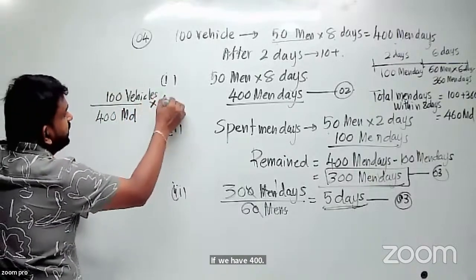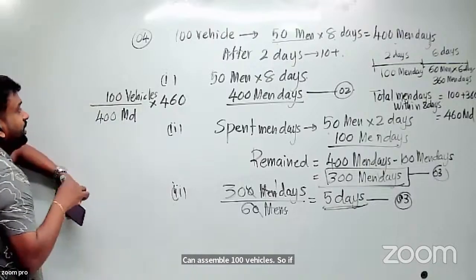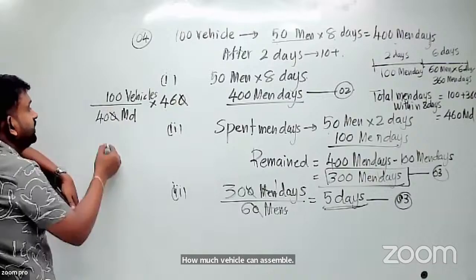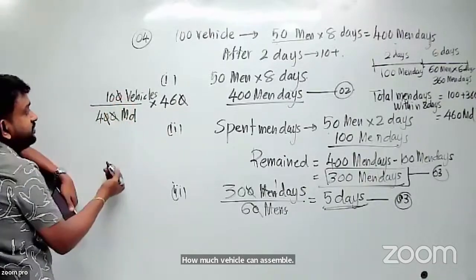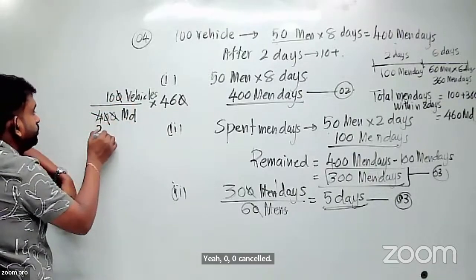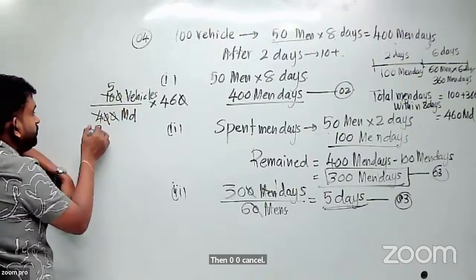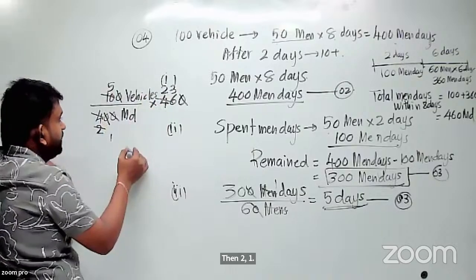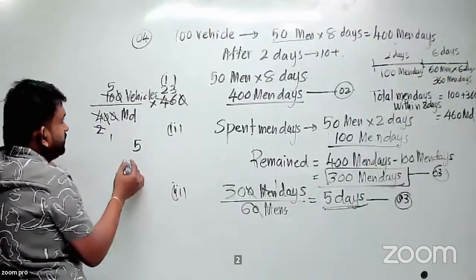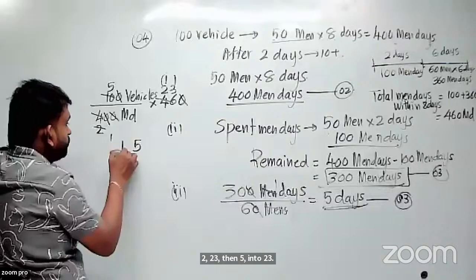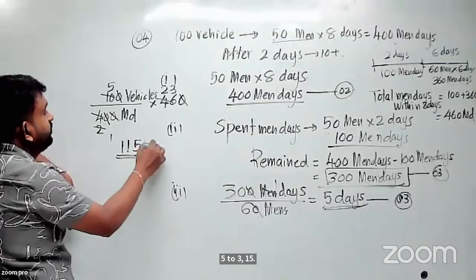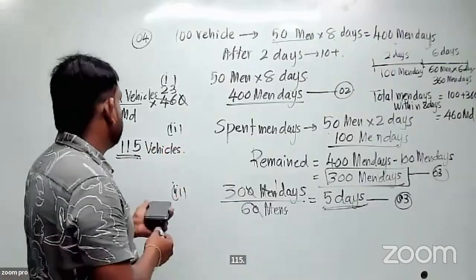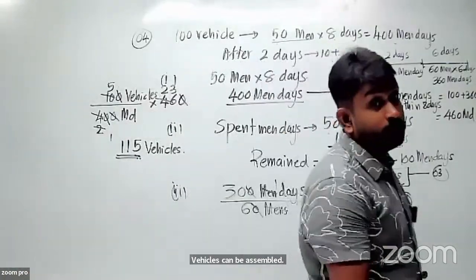So if we have 460, how many vehicles can we assemble? Zeros cancelled, then 100 into 23 over 5, which gives 115 vehicles. 115 vehicles can be assembled.